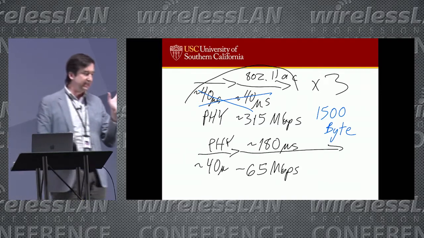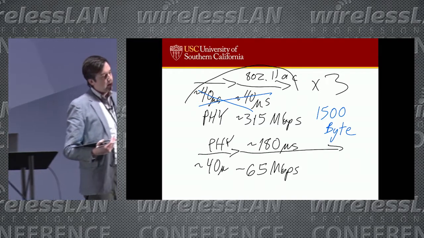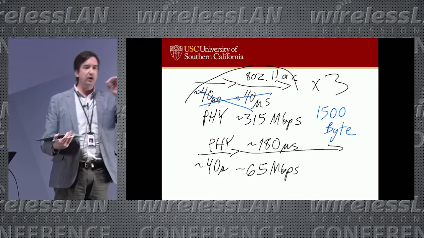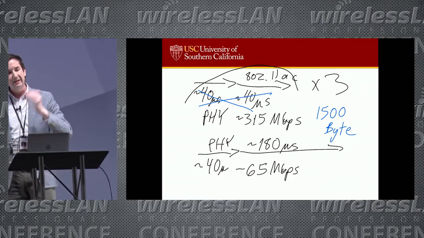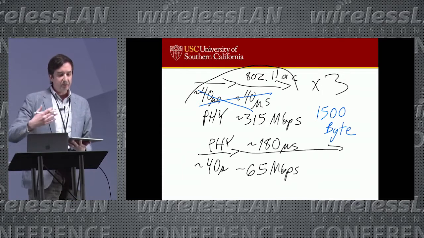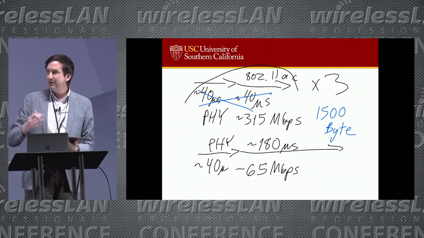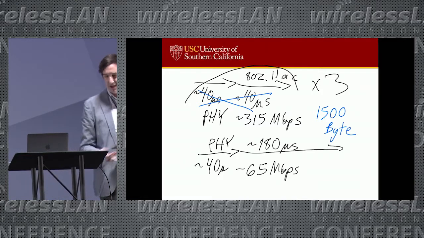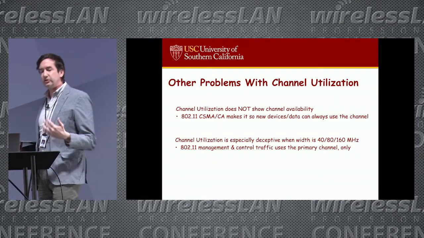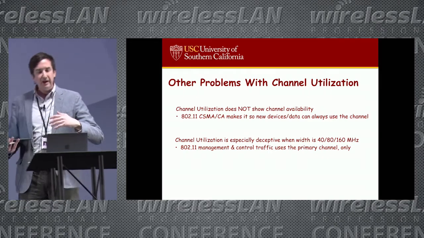You're still going to see the same channel utilization numbers, whether it's successful data or unsuccessful, whether it's high rate data or low rate data. And that's a big issue of why I sometimes cringe a little bit when I see too much stuff about channel utilization.